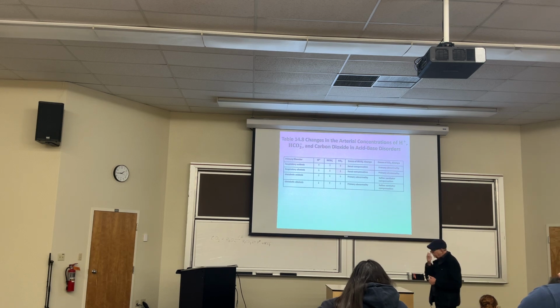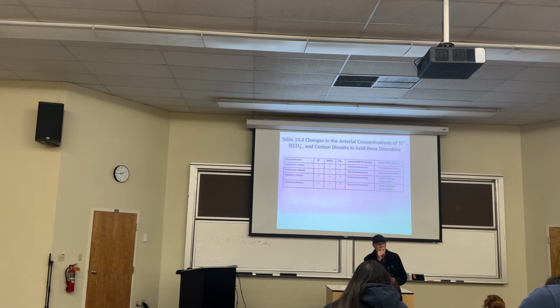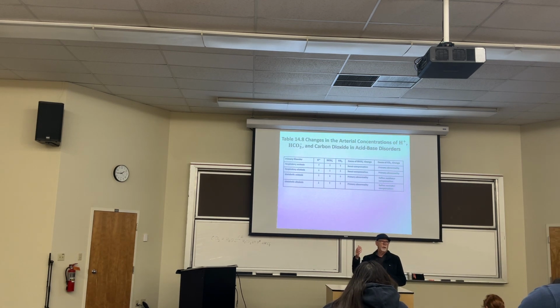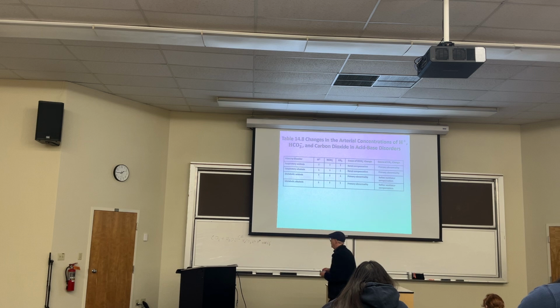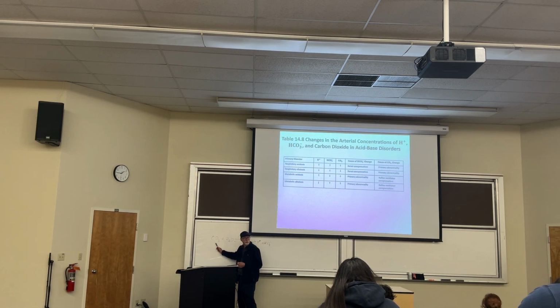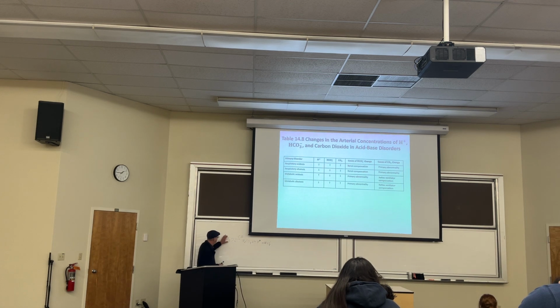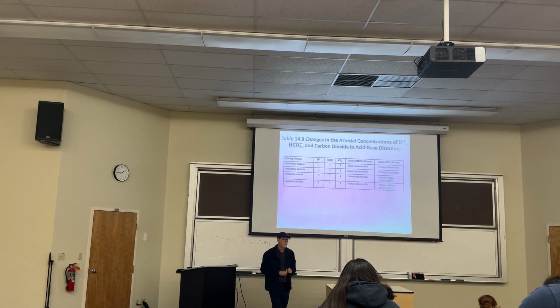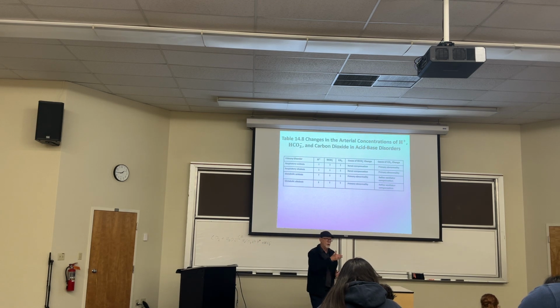If we breathe fewer times per minute, instead of 12 to 15, maybe we're breathing only 6 times per minute, we are not exhaling enough carbon dioxide as usual. We build up the CO2, it drives the reaction to the right, and we get more hydrogen ions in solution. Respiratory caused acidosis.